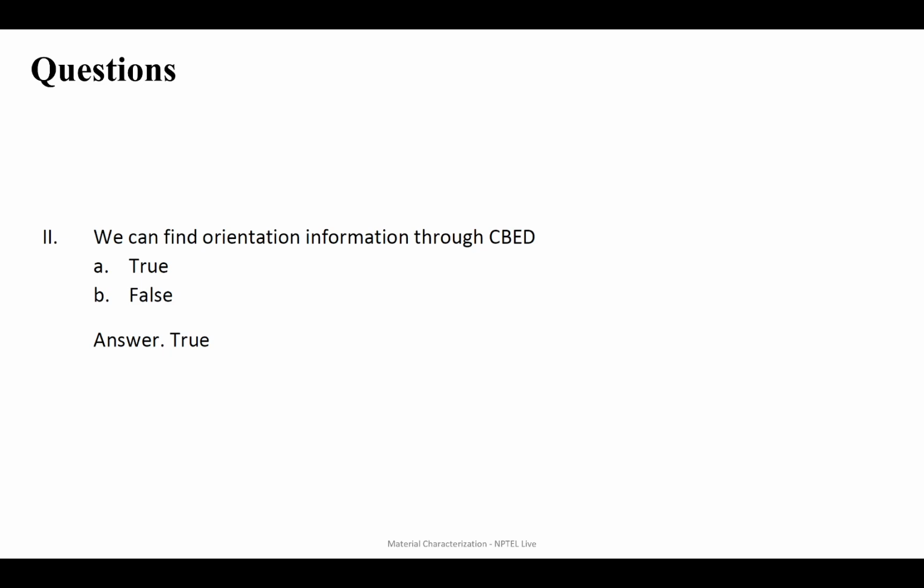So this is true. The zeroth order Laue zone will give your orientation information, whereas higher order Laue zones give your 3D information.